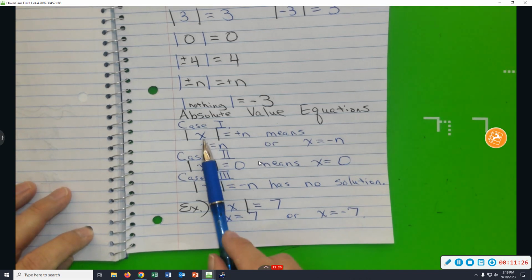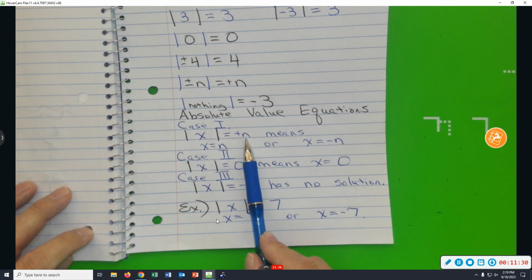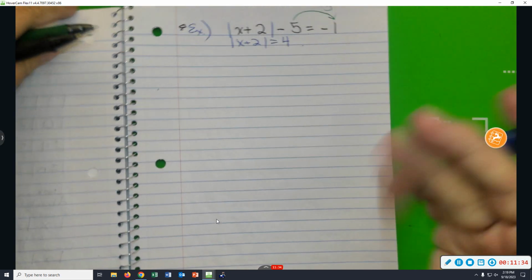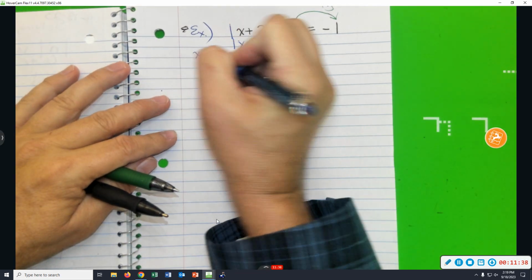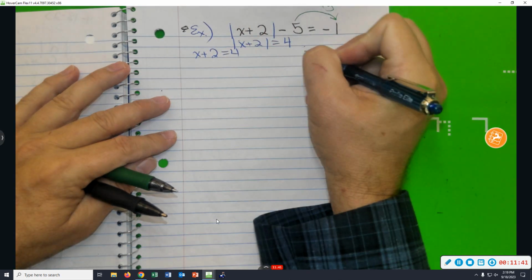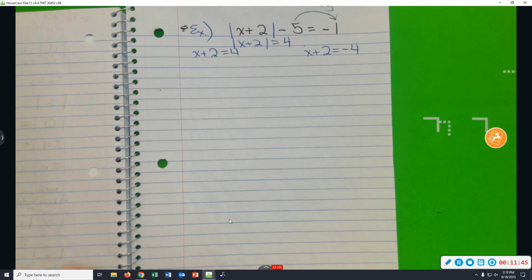Case 1, the absolute value is by itself on one side, a positive number on the other side. That means the stuff inside the parentheses, x plus 2, has to equal a +4, or x plus 2 is equal to a -4.